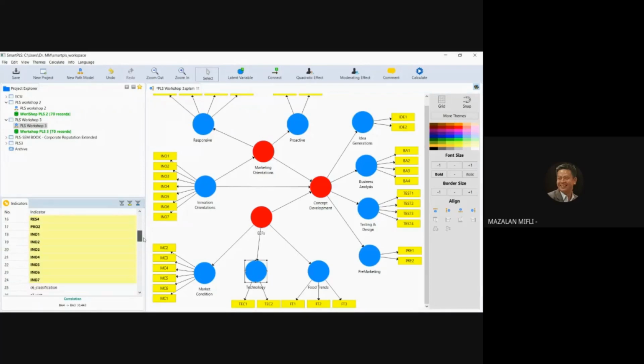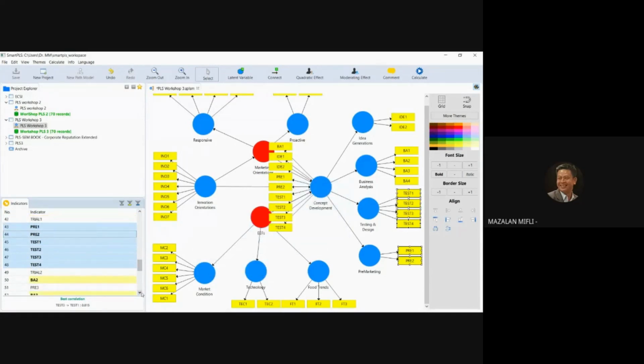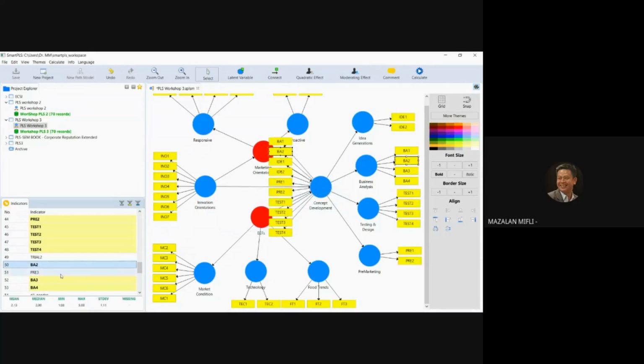Okay. There you go. 1, 2, 3, 4, 5, 6, 7, 8, 9, 10. 1, 2, 12. 1, 2, 3, 4, 5, 6, 7, 8, 9, 10.